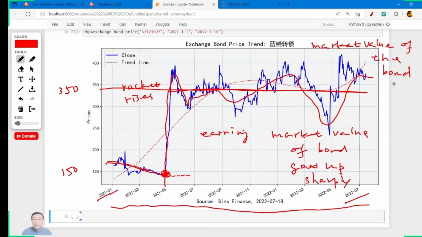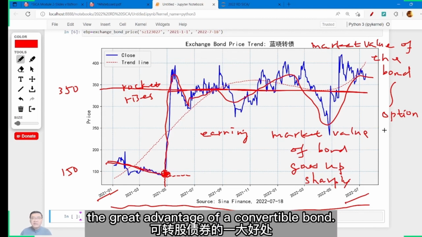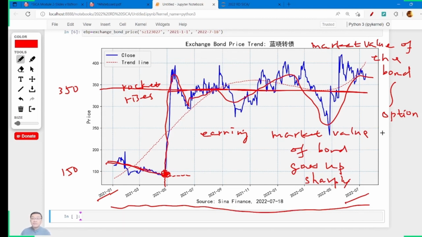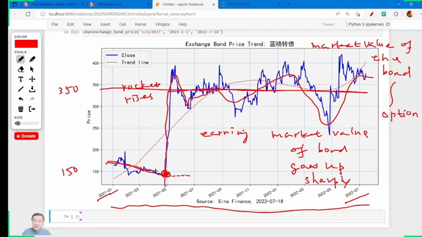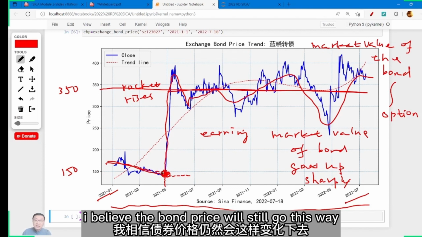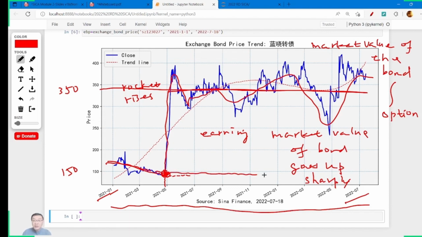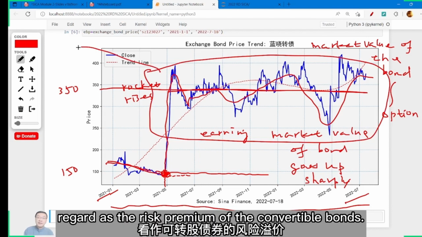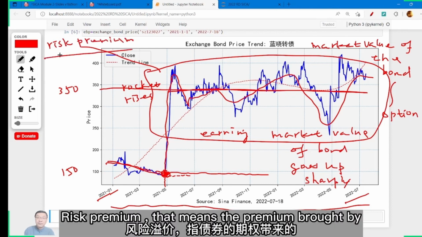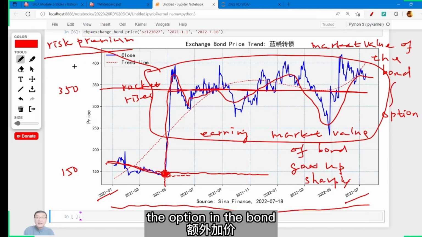This is because of the option in the bond. So this is the great advantage of a convertible bond. However, if the bond issuer's stock is not in a good trend, I believe the bond's price will still go this way. So this part of the picture we can regard as the risk premium of the convertible bonds. Risk premium. That means the premium brought by the option in the bond.